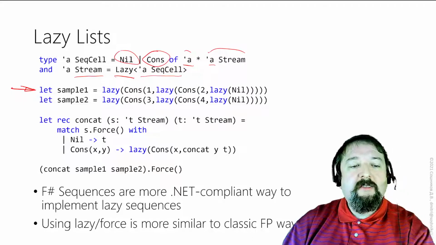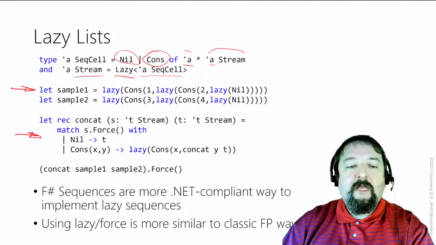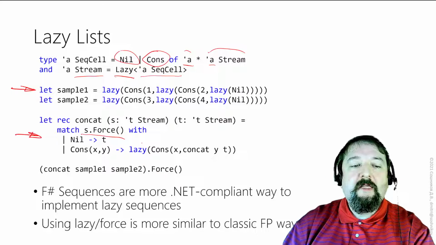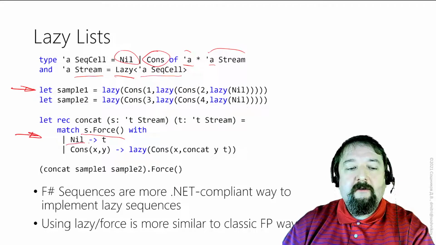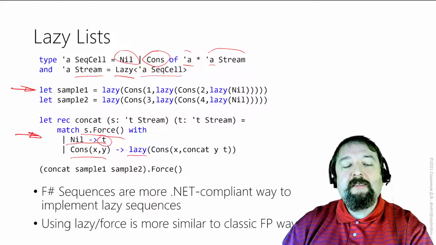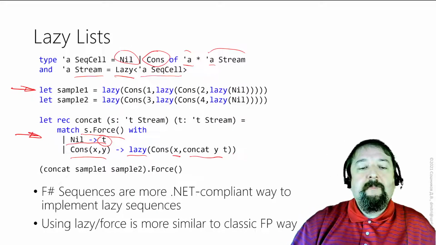For example, this is lazy concatenation, and it needs to unpack the first list and go through it. If it's nil, then we return the second stream. If it's cons of x and y, we return the lazy constructor of x and the concatenation of y and t.